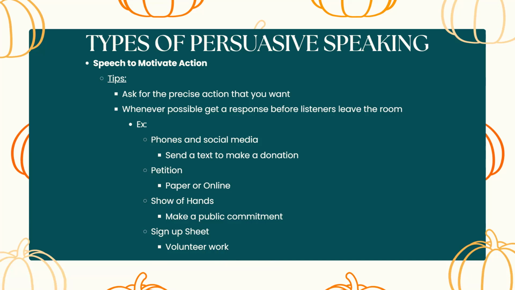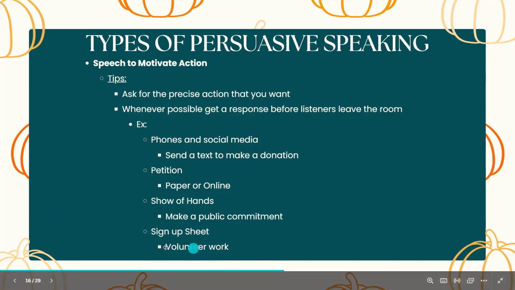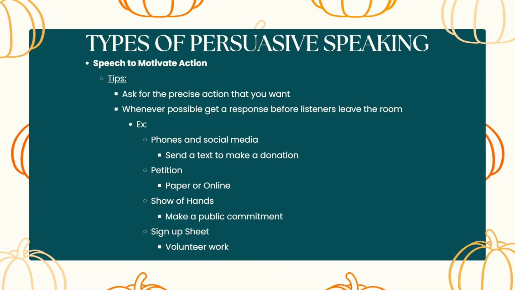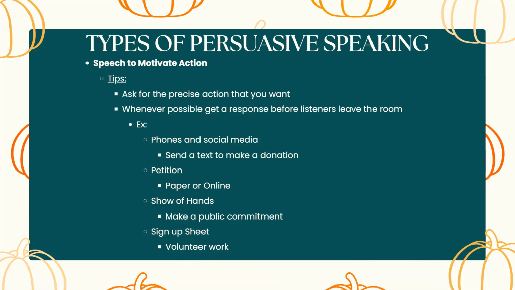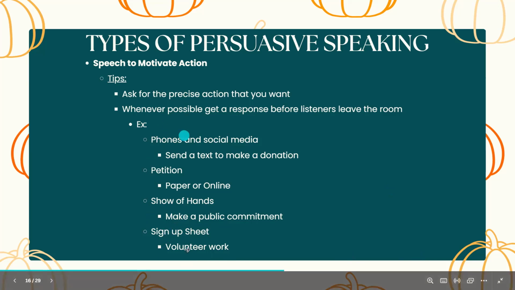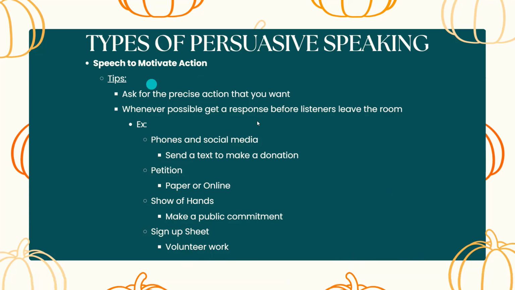They can't do it then, but they can sign up and then you can reach out to them later. So you have at least the first step of getting their information, their number, their email, and then you reach out, and from there they can make the choice to do the action, right? It just makes it easier for them. So these are some tips to make sure you get that action at the end of your speech.